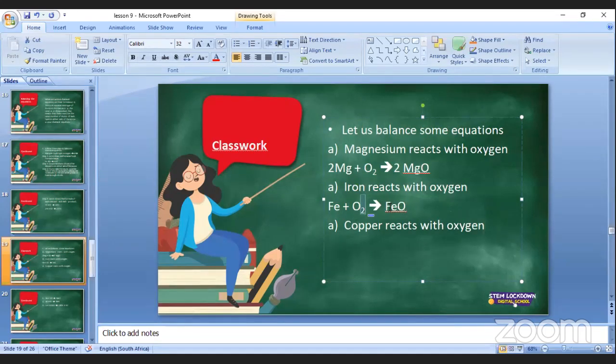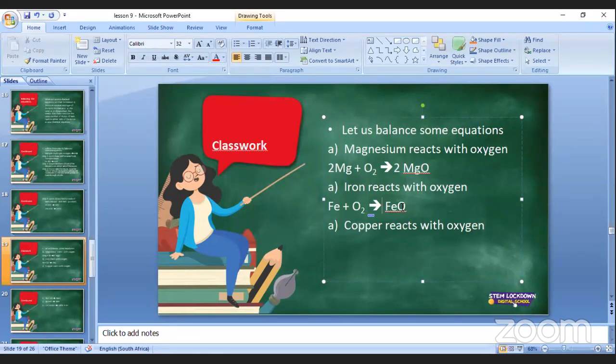Remember that when a metal or a non-metal reacts with oxygen, we get a non-metal oxide or a metal oxide. Is our equation balanced? No, sir. So how do we balance it? We need to put a 2 in front of FeO. We must always start on the right. So we put a 2 here because we've got two oxygens on the left and 1 on this side.